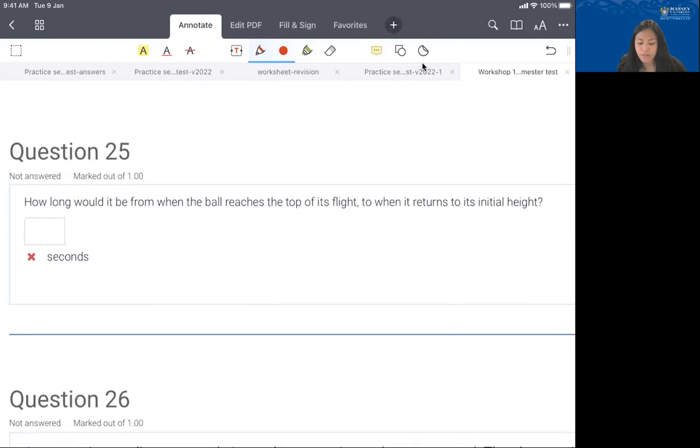How long would it be from when the ball reaches the top to when it returns to its initial height? Say this is the initial height. The ball went up, reached the maximum height, and went down. That's your initial velocity that we don't know.